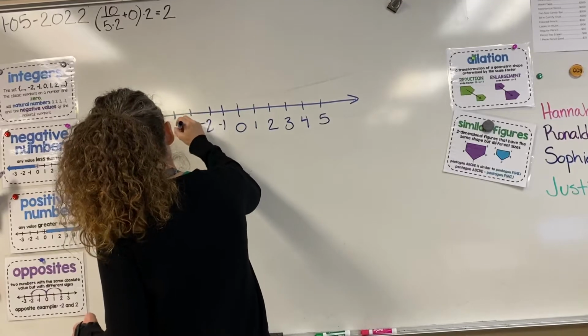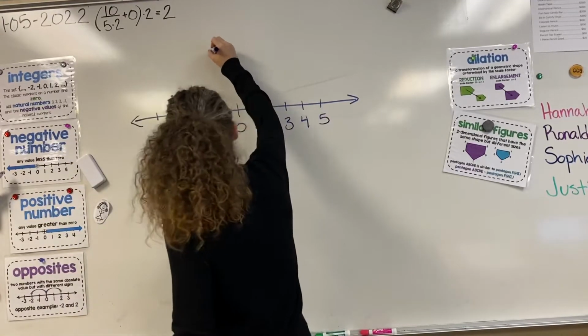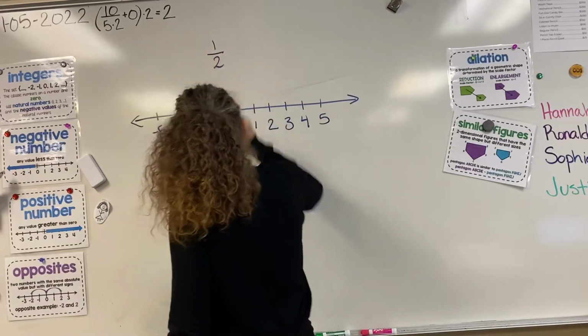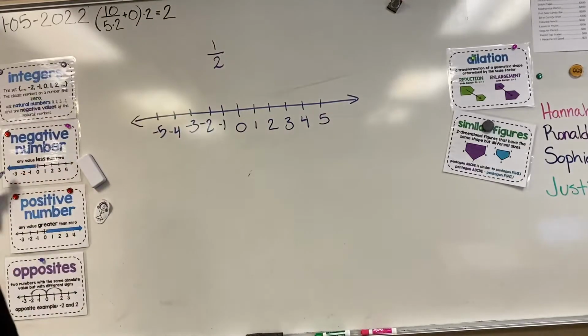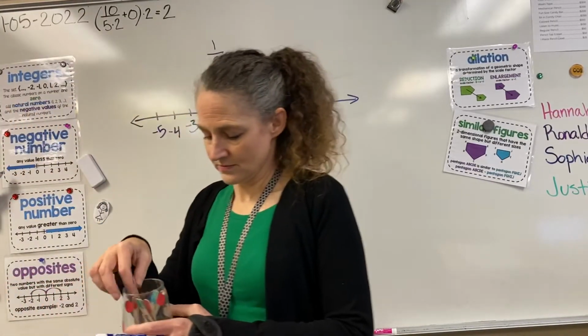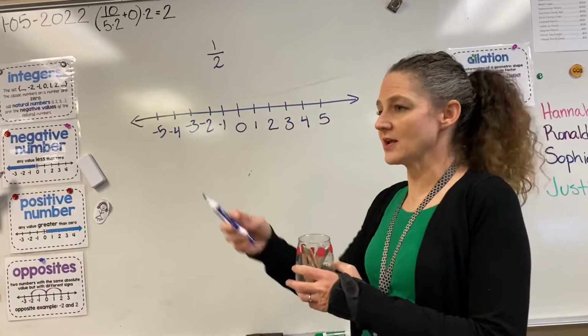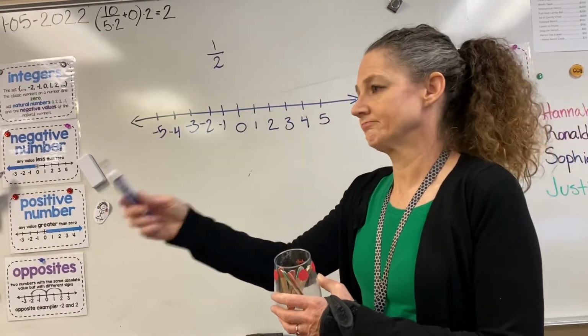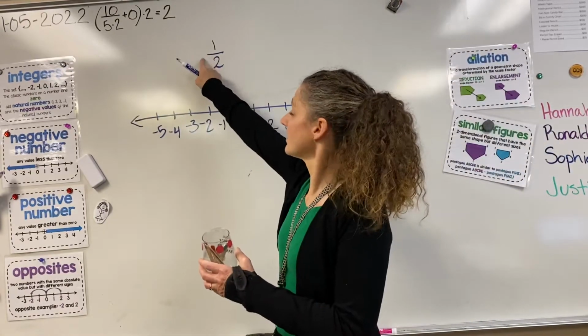I'm gonna draw a number line, and one of you is gonna come up here. All right, let's use the number 1/2. Gideon, will you come find 1/2 on my number line and mark where it is? Not negative 1/2, just positive 1/2.